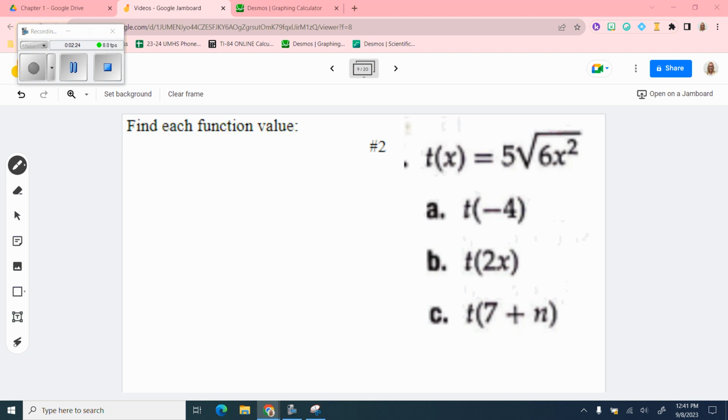All right, over here, I'm just going to do the negative 4. That one's pretty easy. You can just plug this straight into your calculator. 5 times square root of 6 times negative 4 squared. When you simplify that, you end up with the 5 square root of 96, which you should break down, and you end up with 20 square root of 6 with that one.